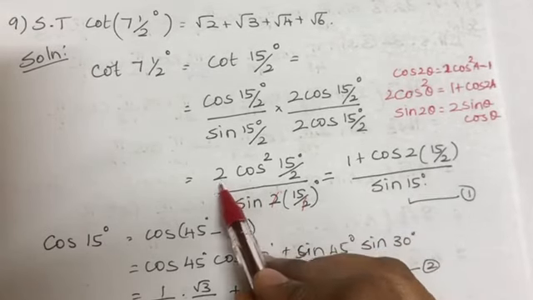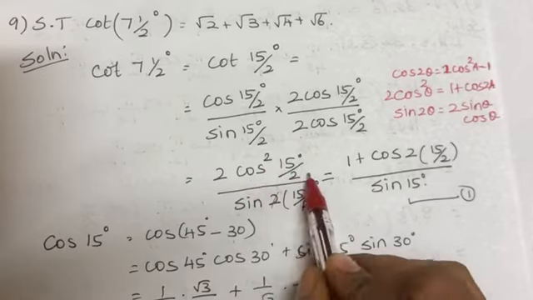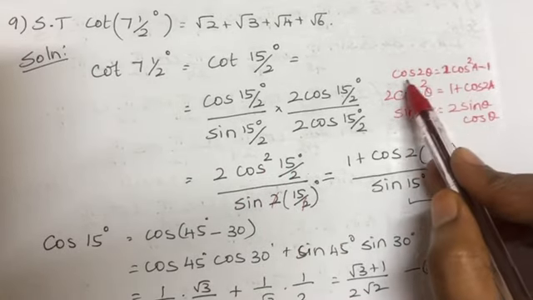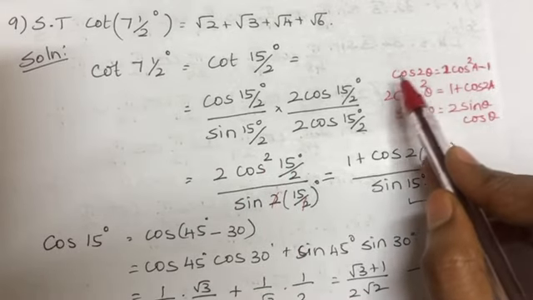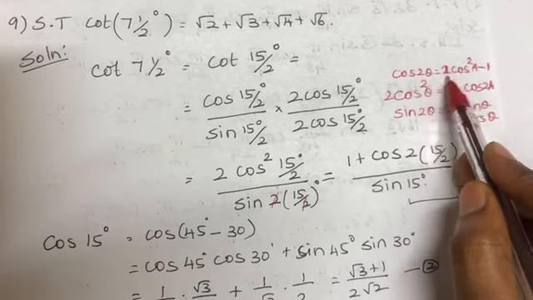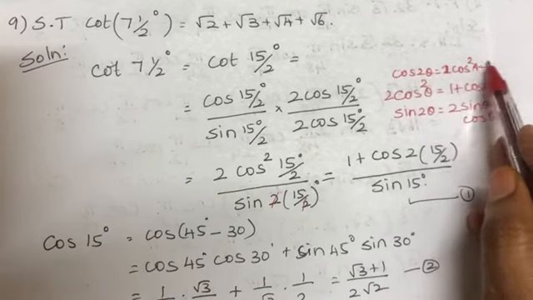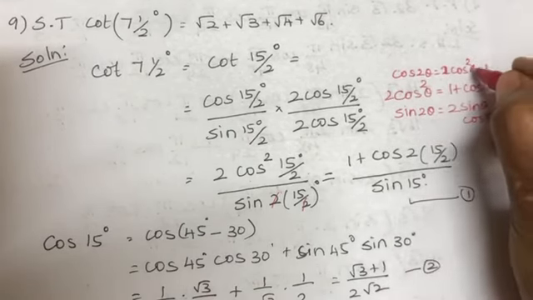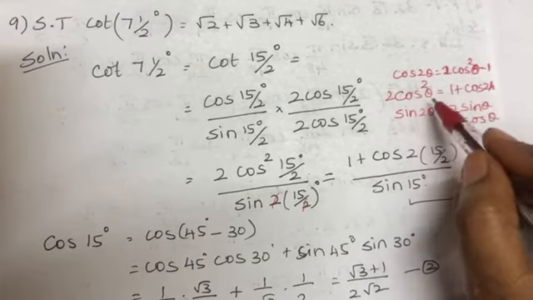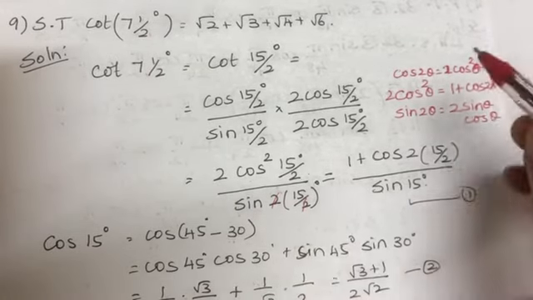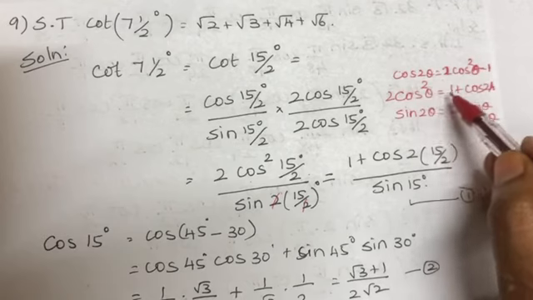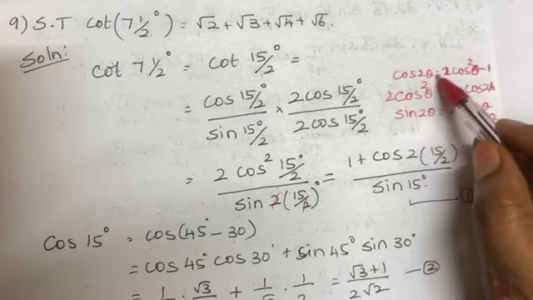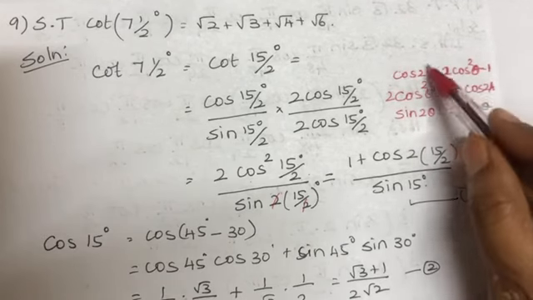Similarly, in the numerator we have 2 cos square theta. I have another identity, cos 2 theta is equal to 2 cos square theta minus 1. So, I want 2 cos square theta, so 2 cos square theta is equal to cos 2 theta plus 1, or 1 plus cos 2 theta.